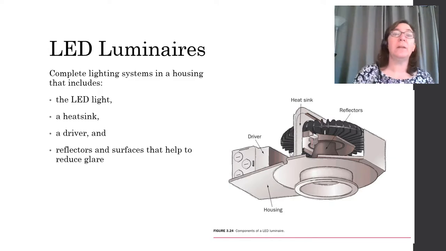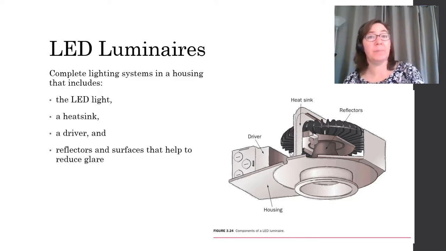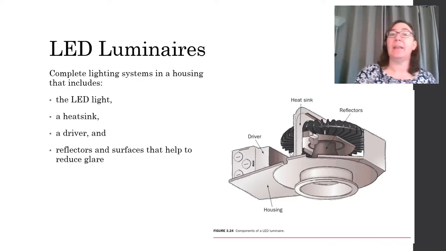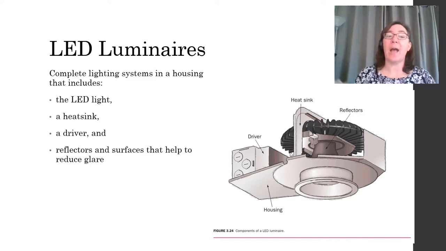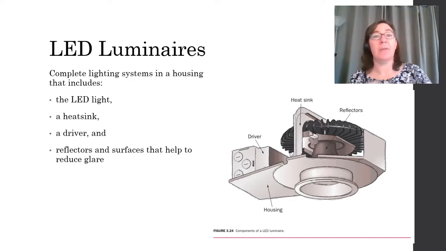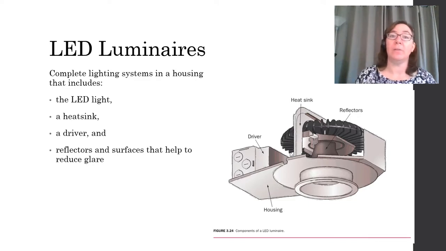It includes a driver. So fluorescent lamps use ballasts, LEDs use drivers. And of course, there's the housing, which includes some reflectors and different surfaces that help direct the light and also reduce glare.